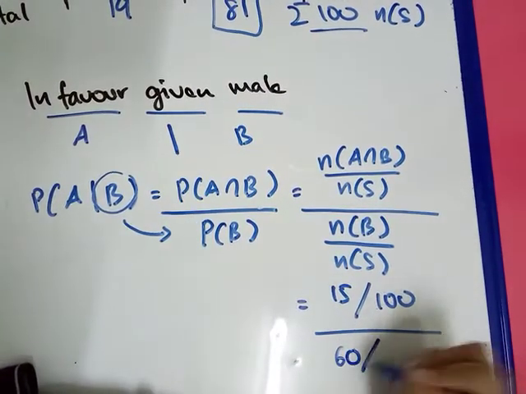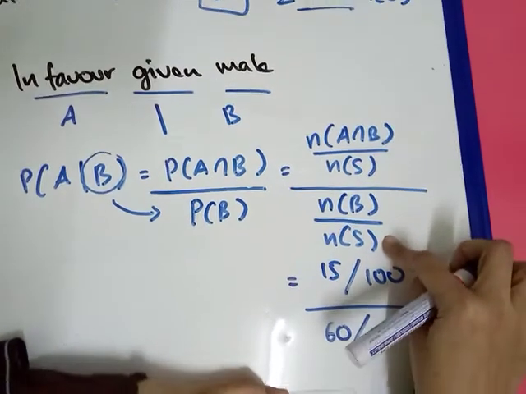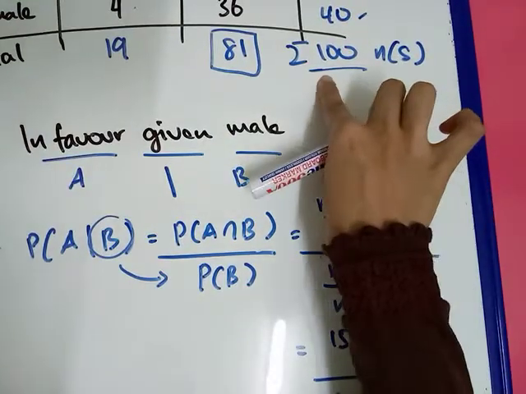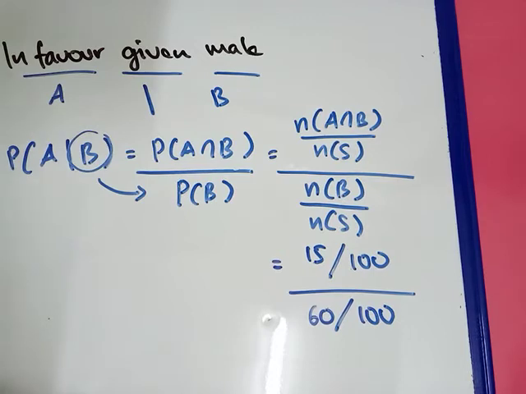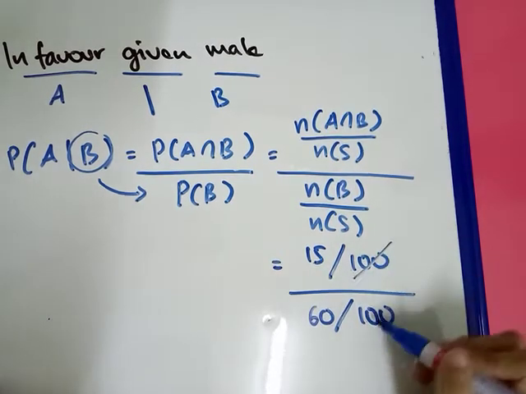60 over dengan NS dia. NS dia berapa? We know that 100. And then we can cancel out 100.